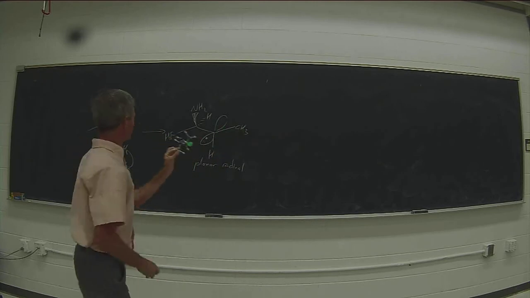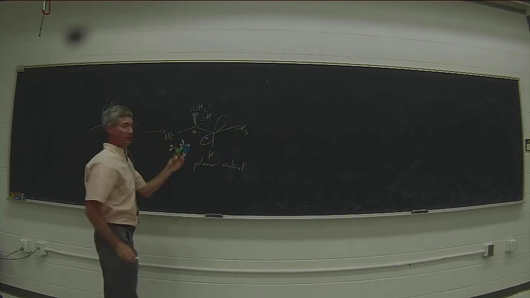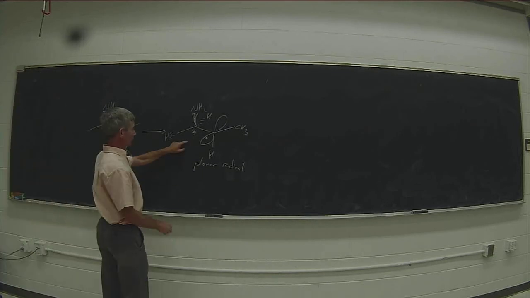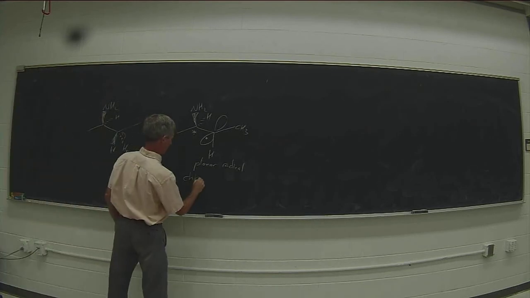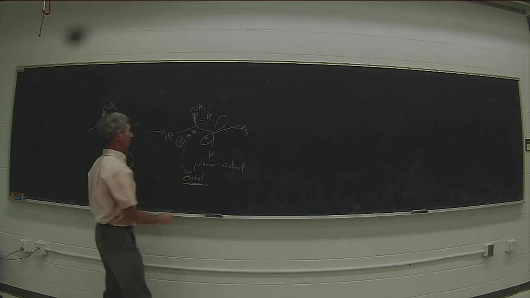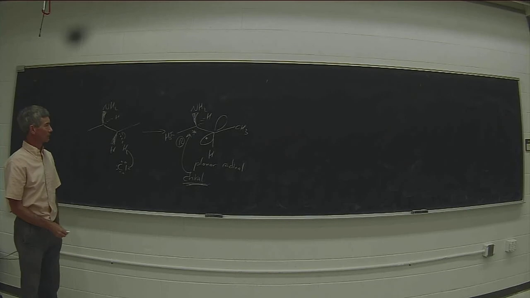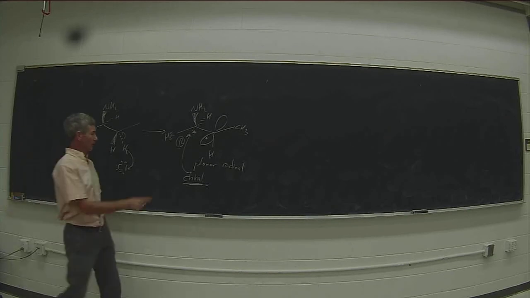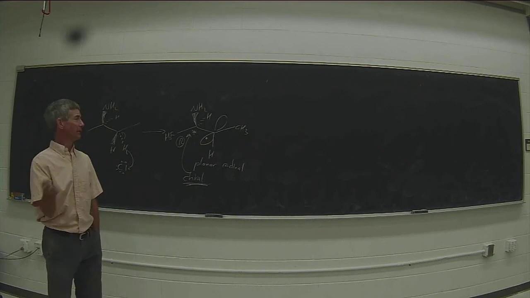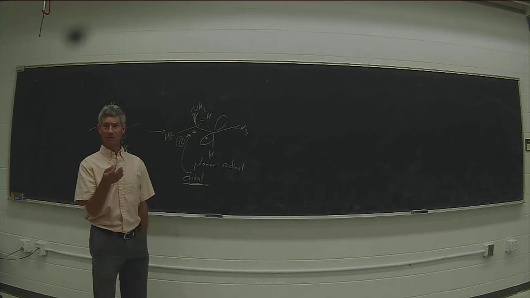The fact that there's a chiral center here next to the radical means that this molecule is still chiral. It still has the R stereocenter. A chiral molecule would not be expected to react with chlorine in the same way from both sides.